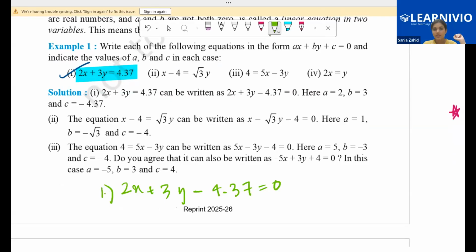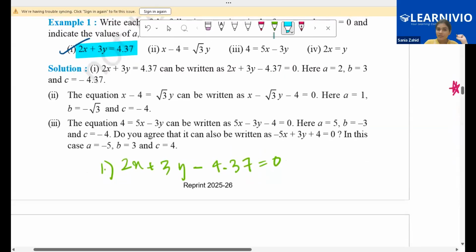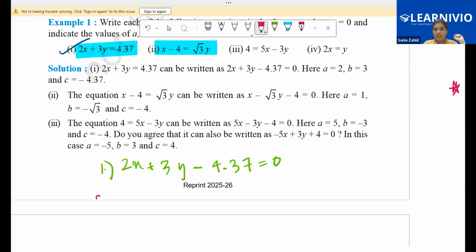Look at the second one. In the second one, what is the mistake? It's not a mistake basically. What changes do I have to make? First of all, I needed the x term. Is the x term over here? Yes. So write x. Now I needed the y term. So what is the y term? That's root 3y and it is on the right hand side.